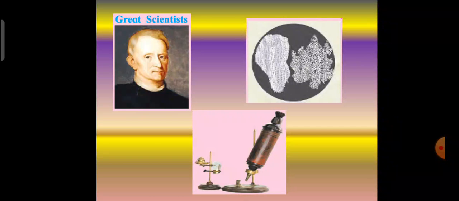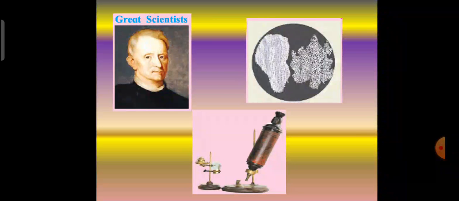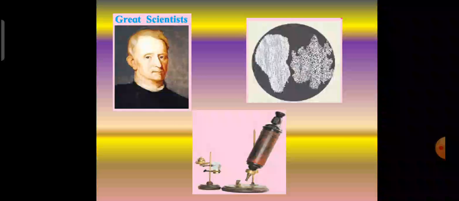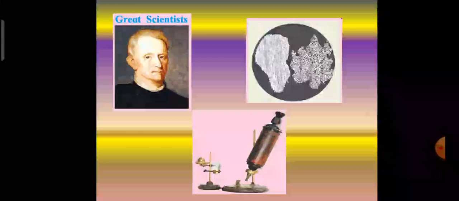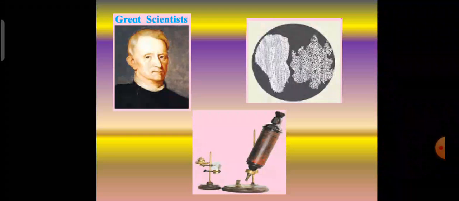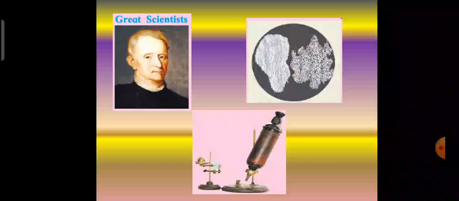And it looked like a beehive. Beehive means the home of honeybees. He named those compartments cells, and this term is derived from the Latin word cella, which means small room.